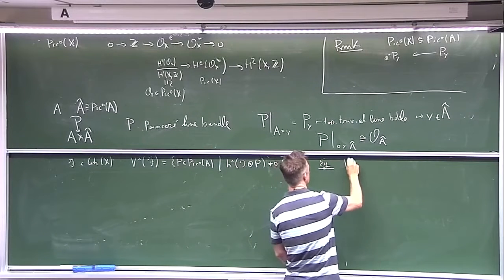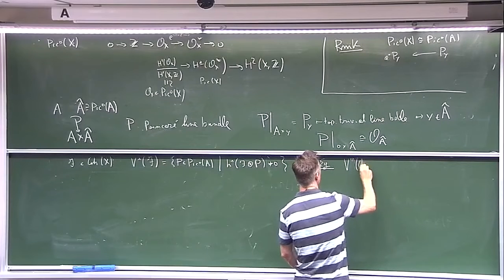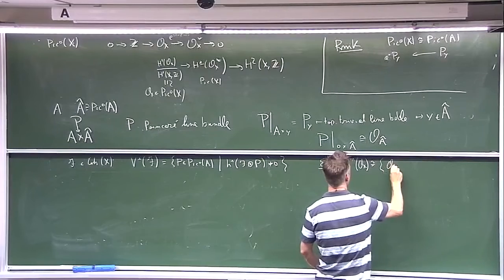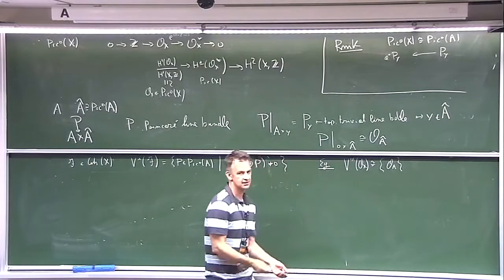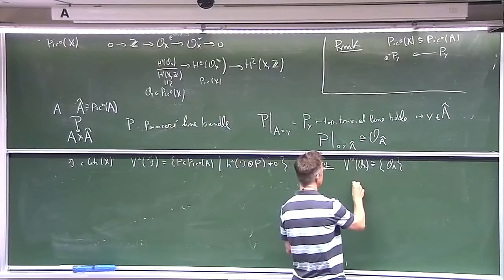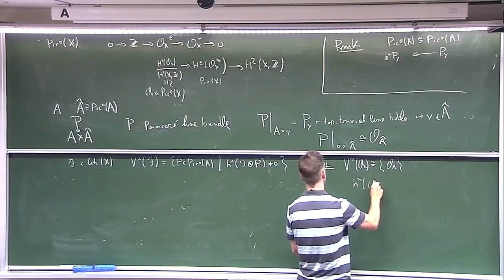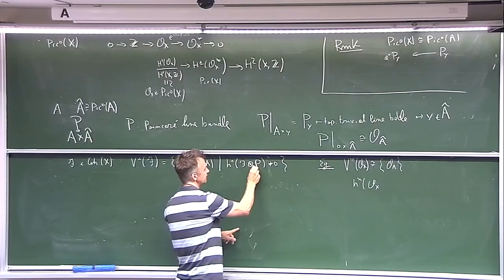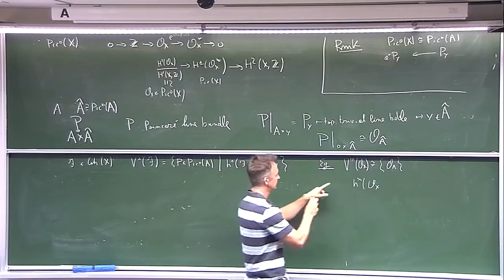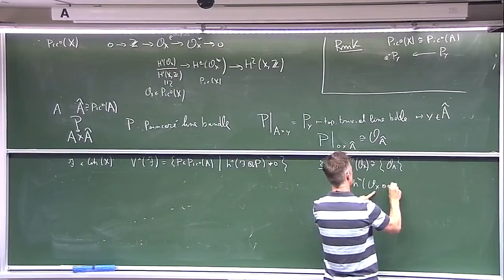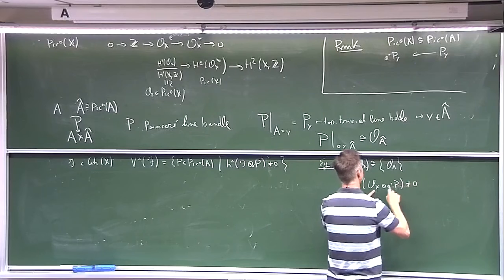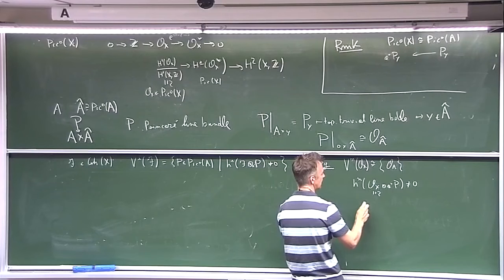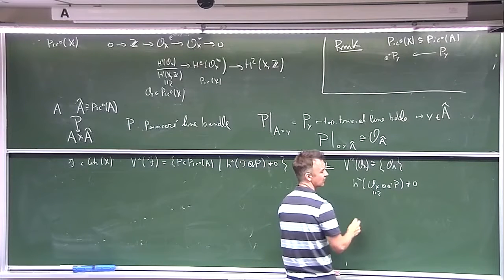So a silly example is that H^n of O of X is isomorphic to O of A. Why is that? Because we're asking for H^n of O of X. Okay, so here I've already abused notation. I should really be writing the pullback of P. If you're asking for this to be non-zero, the dimension of this group is the same as, I got it wrong.